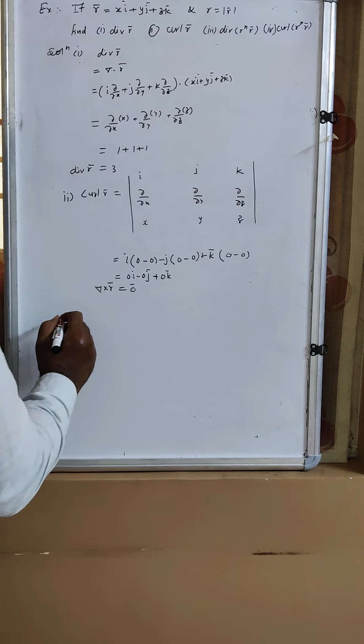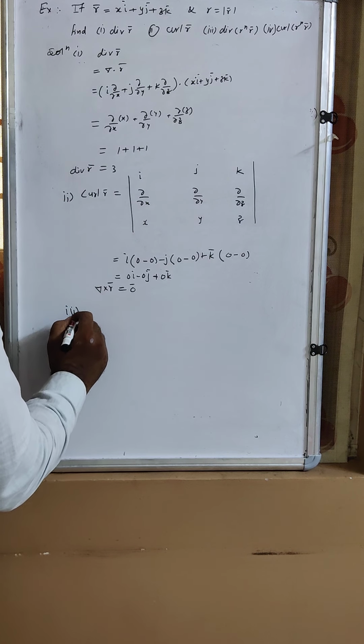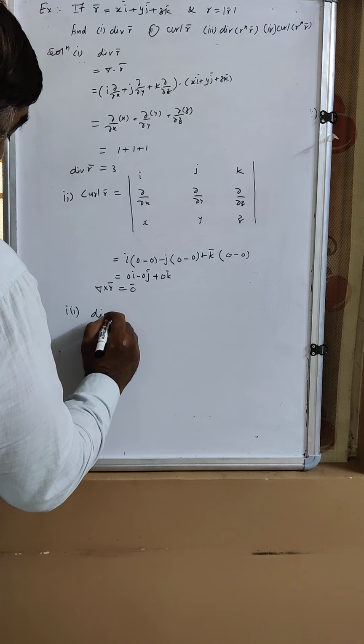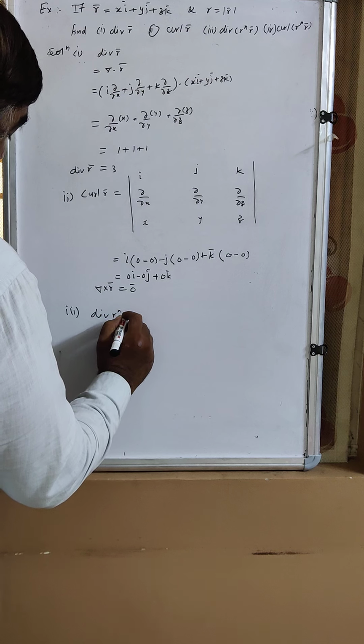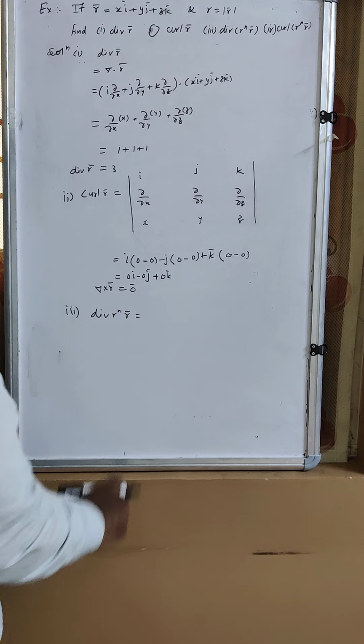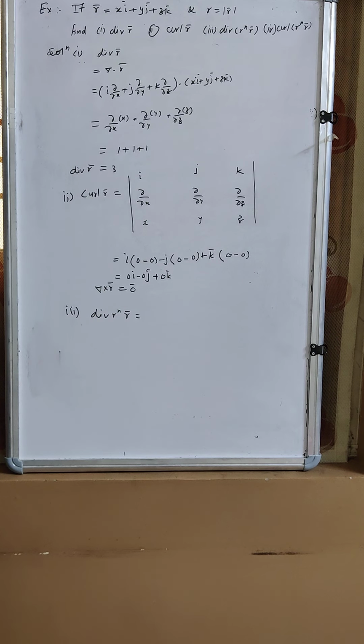Third, divergence of r raised to n times r vector. R raised to n is a scalar quantity and r vector is a vector quantity.